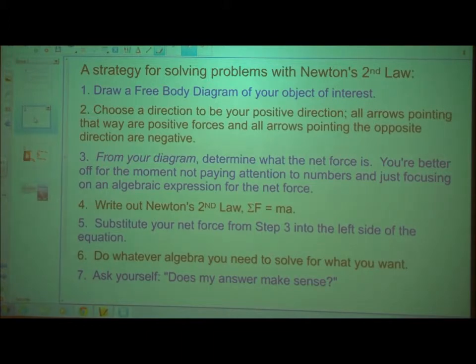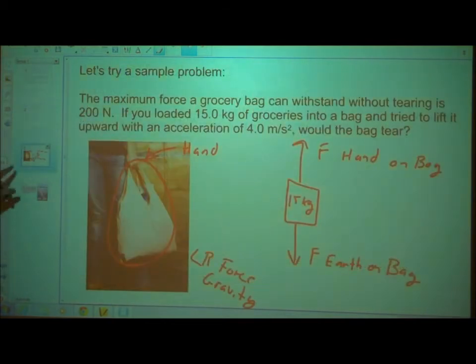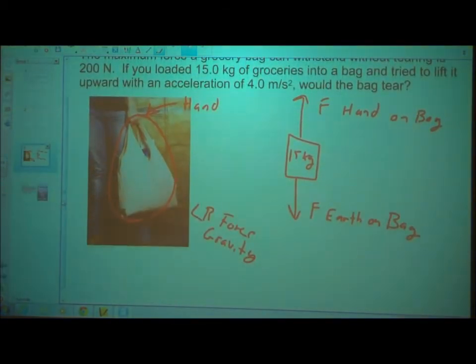Now, from our diagrams, you can see in step 3 we have to determine what the net force is. In this case, let's not look at numbers, and let's actually look at our equation. We know Newton's second law says the net force equals mass times acceleration.